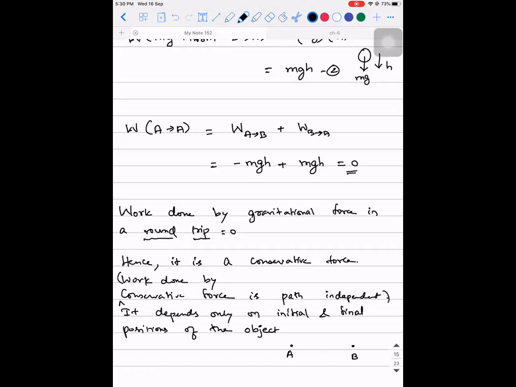So what I'm trying to say is, let's say you want to move the object from A to B and you're applying a conservative force. Listen to it carefully.